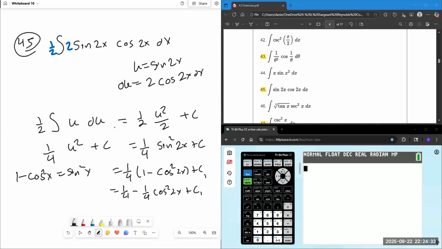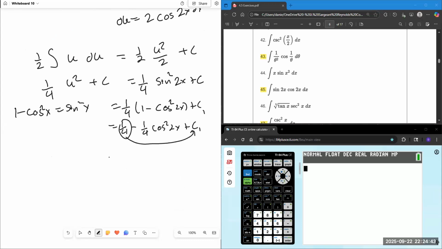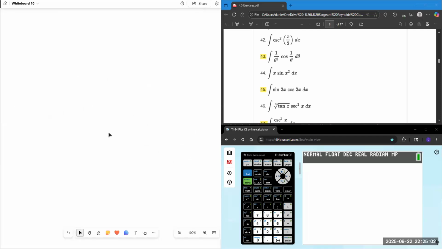I'll call this C1, and that 1/4 gets absorbed into that constant and becomes a negative 1/4 cosine squared 2x plus constant of integration c. So there's three different right answers, or three different ways to express the right answer to this problem. That's one of the fun things about integration, is that you can get an answer that looks different than your neighbor because you thought of a different u substitution, and you can both be correct.